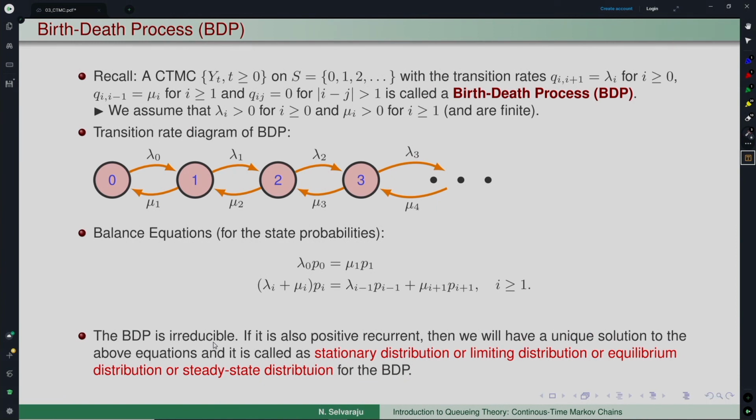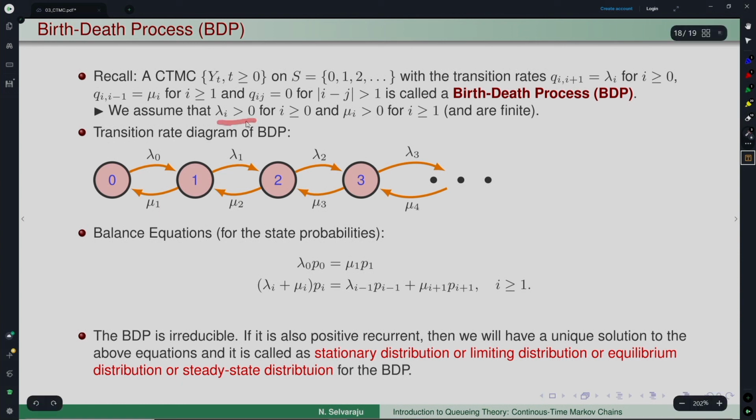Now, let us come back to the birth death process, the most important one that we are going to use next. Recall the SETMC with transition rates from i to i plus 1 being lambda i, and from i to i minus 1 being mu i, and for i, j more than one state apart, they will all be equal to 0, and Qii will be given by the usual process.